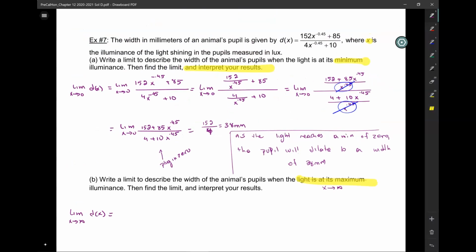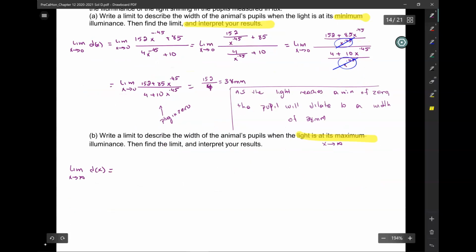Since I've already worked to simplify my function, why don't I start where I've reduced it rather than reinvent the wheel? So I'm just going to start with this step. This is the limit as x approaches infinity of 152 plus 85 x to the 0.45 over 4 plus 10x to the 0.45.